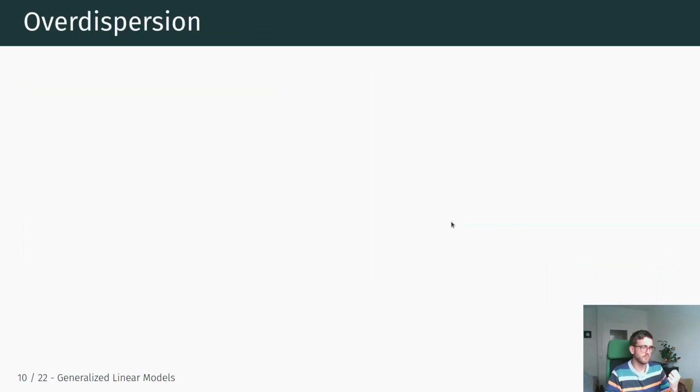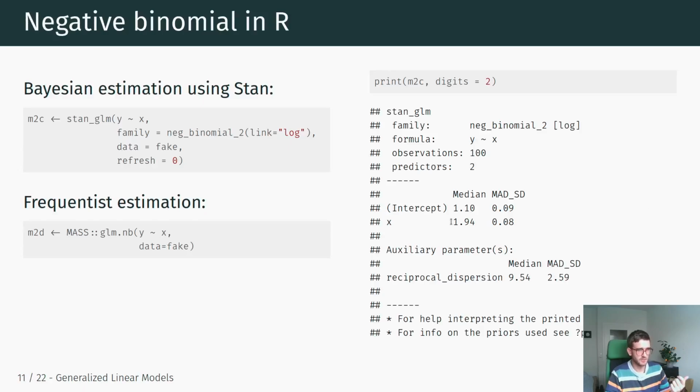Same for the negative binomial. It's the same interpretation, since we're modeling the expectation using this log link. Therefore we have a similar interpretation to a linear regression model with a log dependent variable.